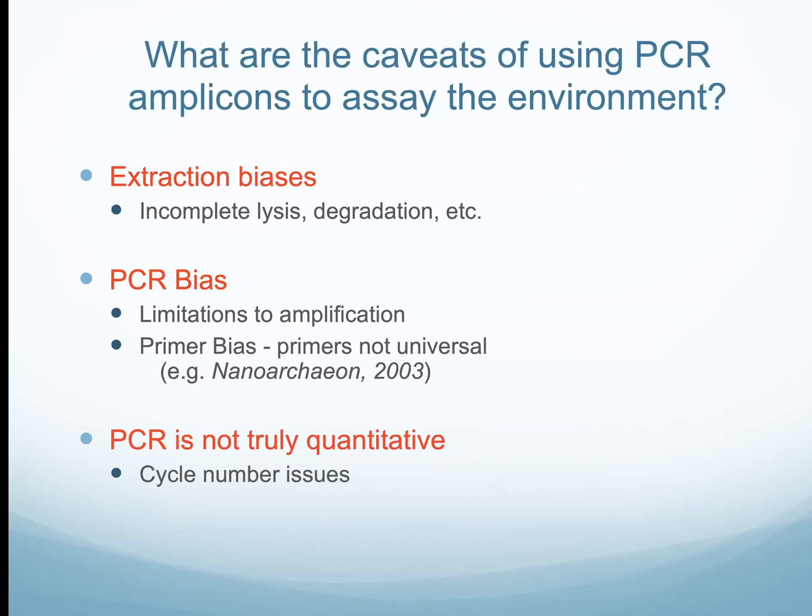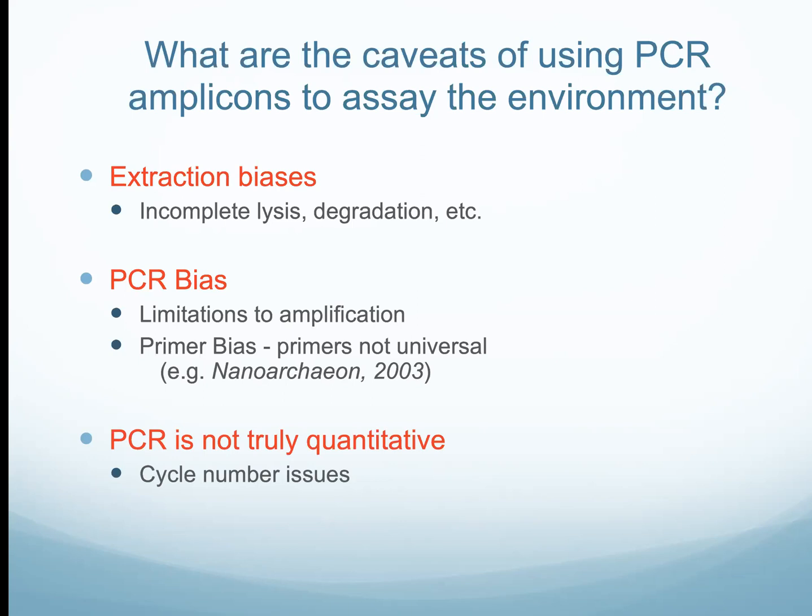Another caveat of PCR is that it's not truly quantitative. So, when they were counting clones of like, oh, we had 12 halorubrum clones, et cetera, they couldn't then say, oh, that meant that there were 12 halorubrum cells in the environment, right?